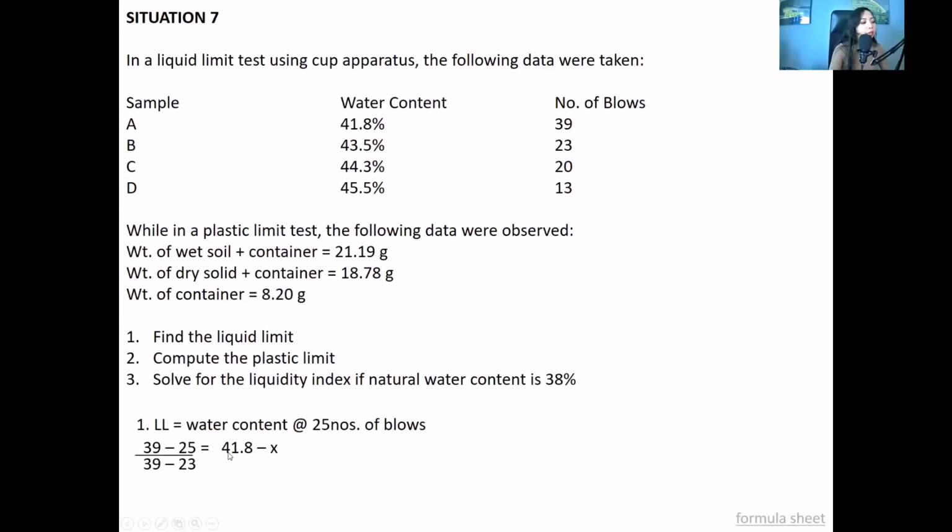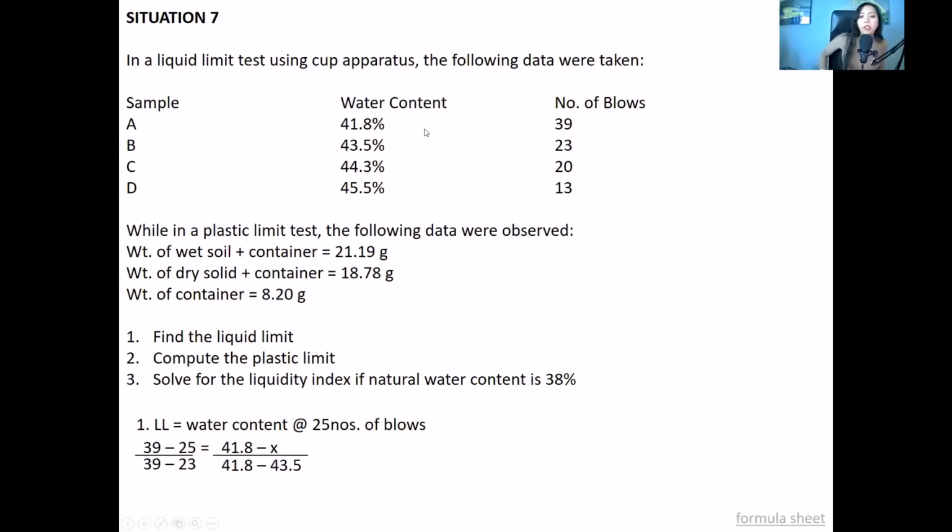So at 39, I know that my water content is equal to 41.8%. And then 25, for number of blows, wala siya dito, pero yun yung kailangan natin. So I will put that as X. And then sa denominator, I have for 39, still 41.8. And then for 23 number of blows, ang water content ko ay 43.5%. So that will be my denominator.